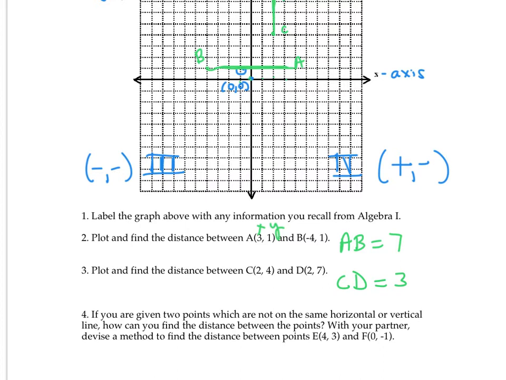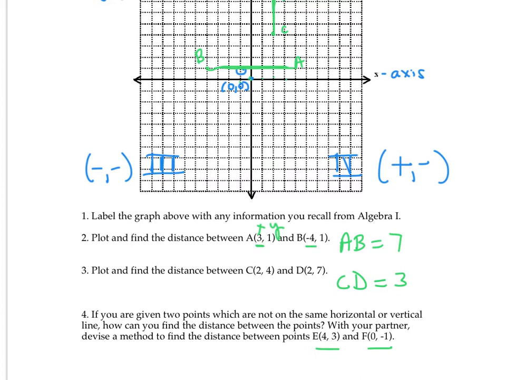So I'd like you to work with a partner. If you see somebody who is free to work with, you can partner up with them and see if you can come up with a method for finding the distance between point E at 4, 3 and point F at 0, negative 1. Before you do that, I want you to take a look back up at number 2 and look at those 2 x values.